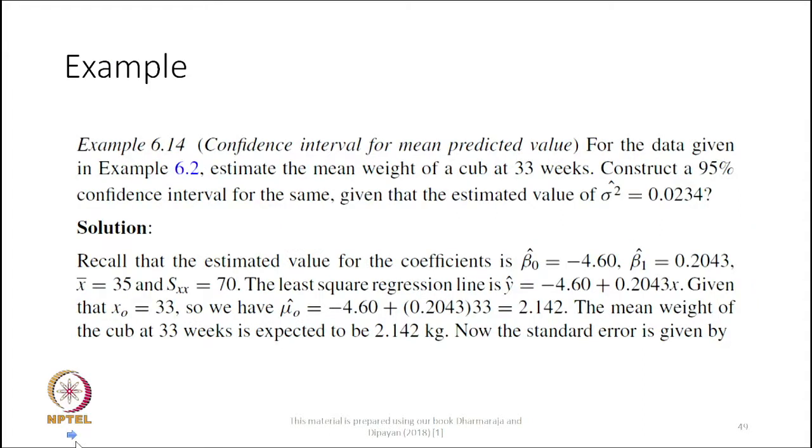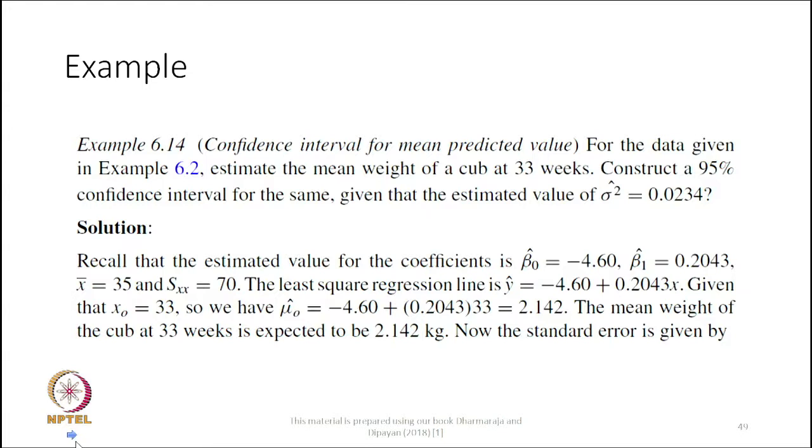In this example, we are constructing a 95 percentage confidence interval for the mean predicted value, given that the estimated value of sigma square cap is 0.0234, and you take the example data from example 6.2, which was already discussed earlier. So, recall that the estimated values of the coefficients beta naught cap and beta 1 cap are known, and x bar is 35 and S xx is 70.